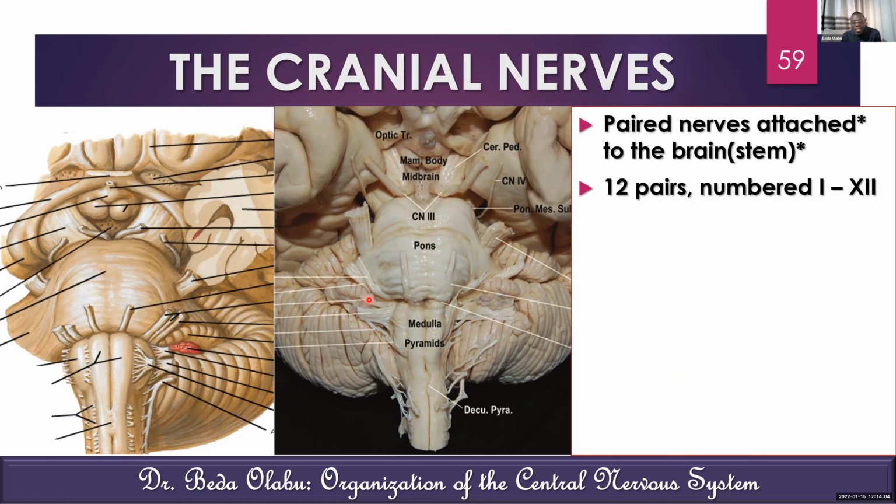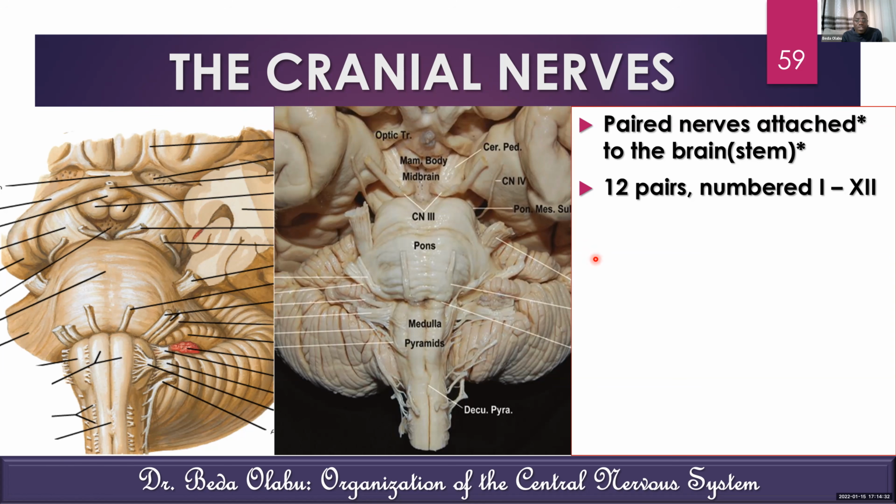This is the 9th nerve, glossopharyngeal. 10th nerve, vagus. The 11th nerve is that tiny one there, together with this other one, constituting the accessory nerve. And the 12th one is this one here, arising between the olive and the pyramid. This is the hypoglossal nerve.